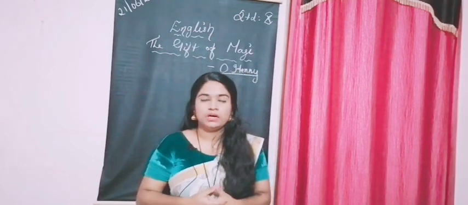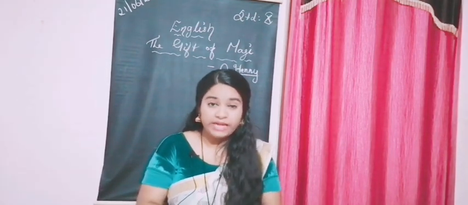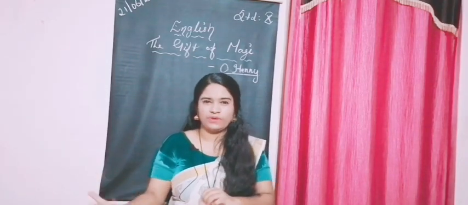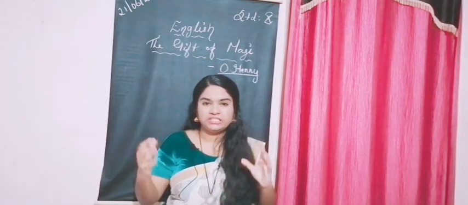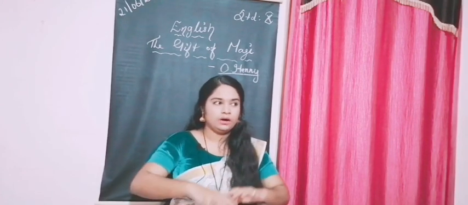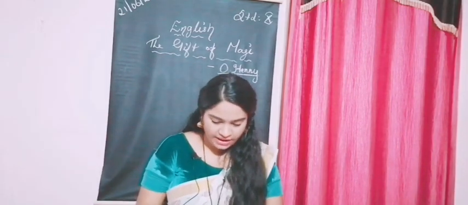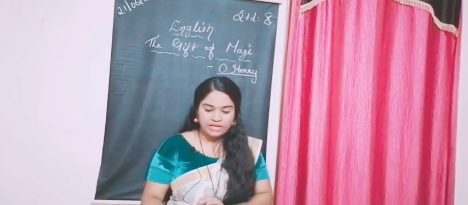And where did she actually lie down and cry? On her very shabby sofa. Shabby means basically dirty sofa. So you can just imagine her situation. She has a shabby sofa, a dirty sofa, and she could just fall and cry over there. Now take a look at this. So Della did it.